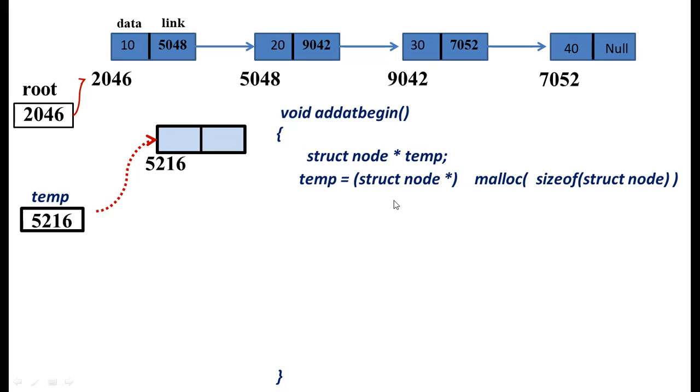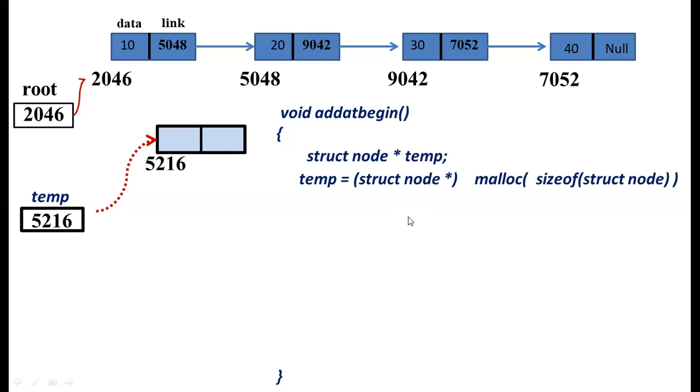Here we are typecasting, that is, converting, because we know from dynamic memory allocation that the malloc return type is void, which is generic. But the temp variable we created is of type struct node pointer. So we are converting the void into struct node pointer type implicitly. Now the temp variable has the address 5216.